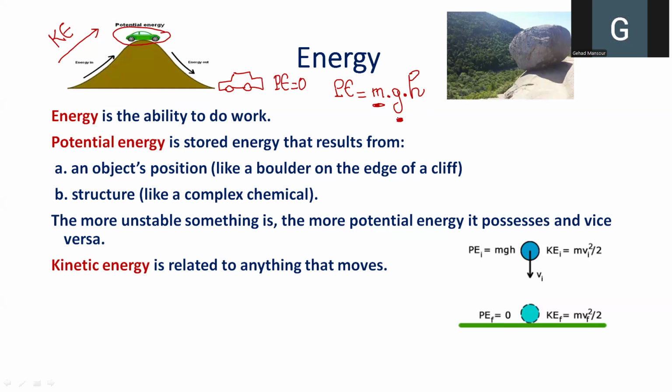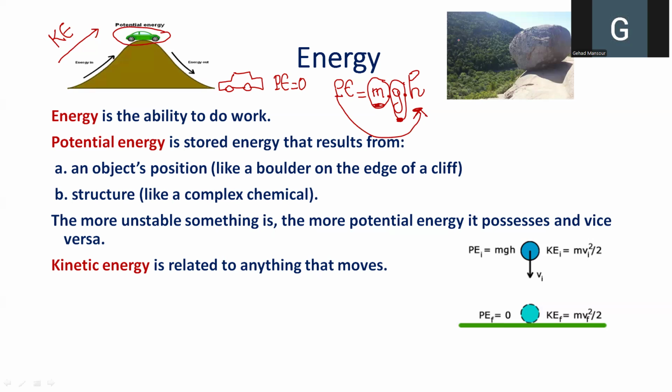Gravity, G, is the acceleration due to gravity, which is constant, of course. And H is the height above the soil. For the car we are seeing here on the slide, we have a constant mass. Since M is constant and G is constant, the potential energy will be directly proportional to the height. So as the height increases above the ground, the potential energy of the car increases.